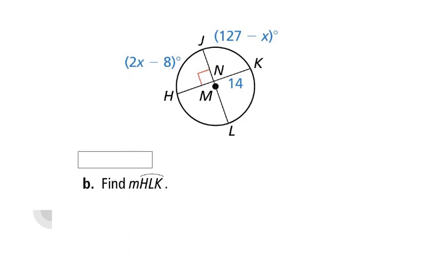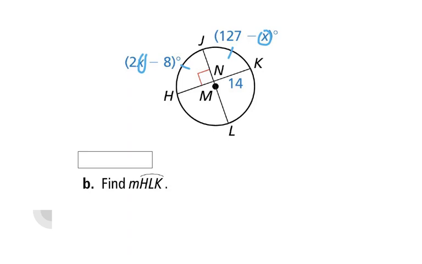Let's think about that. Because the two arcs are congruent, we can set those equations equal to each other. We get x is 45, a simple algebraic problem, right? And then we can put 45 in for x, and in both cases we get that the arc is 82.